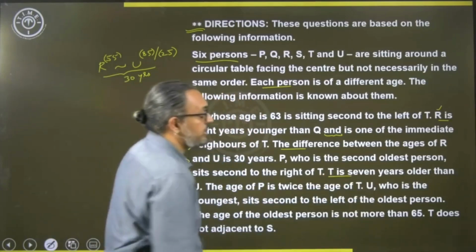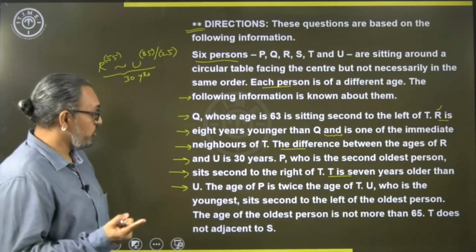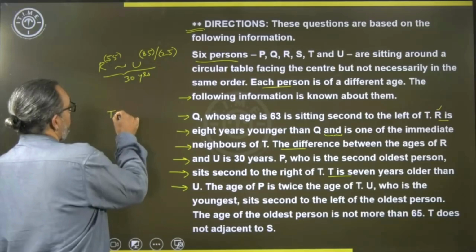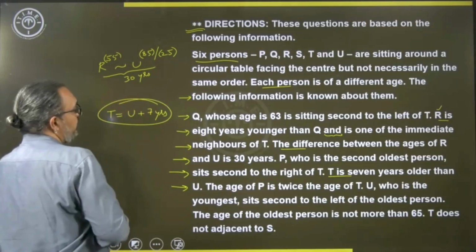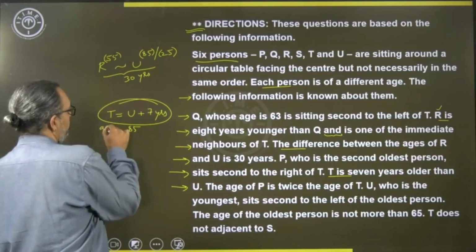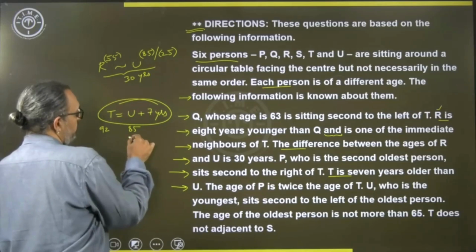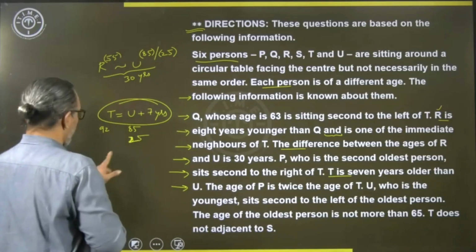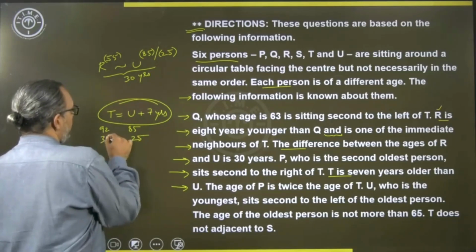Now T is 7 years older than U. So, T is U plus 7, that is the understanding. If I take U as 85, then T is going to be 92, and if I take U as 25, then it will be 32.